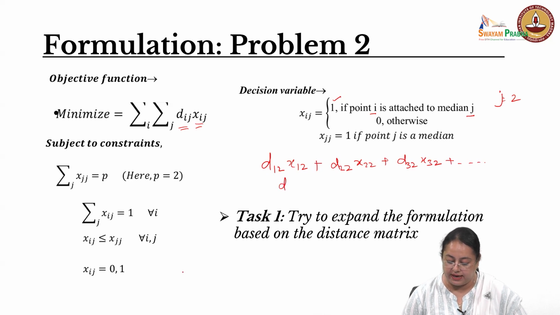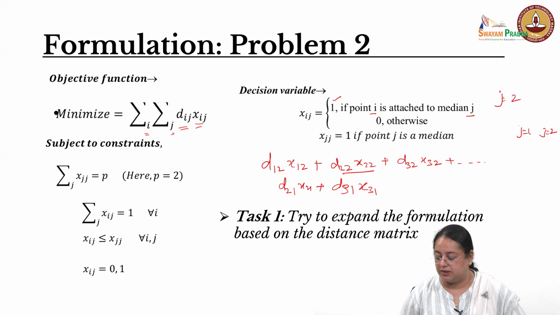Again, now i is equal to 2, j is equal to 1, d21 x21, and 3, 1, d31 x31. This means I have two facilities, j equal to 1 and j equal to 2. Now this j can be anything out of 6 nodes, correct? So i here is 1, 2, 3, 4, 5, 6, and j can also go up to 6, right?